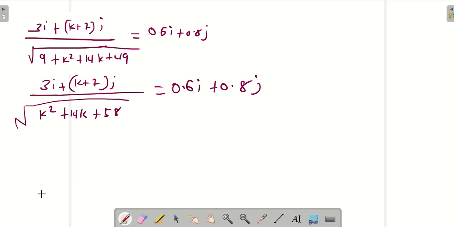Now solve the quadratic equation for me. K squared plus 14K plus 58. Check this one for me. 14 squared minus 4 times 58. What's the answer? 14 squared minus 4 times 58 is what? Check that one for me.